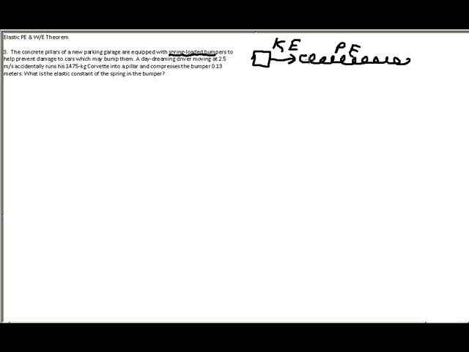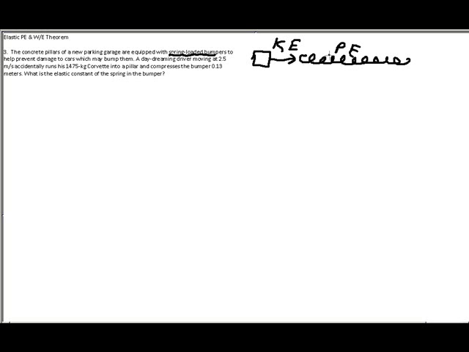Now, some springs, such as those found in your garage, are very, very thick and very stiff, and therefore the amount of energy they can store and how much they get compressed is very strong. The spring in a watch is very delicate and much smaller, so springs have different properties.